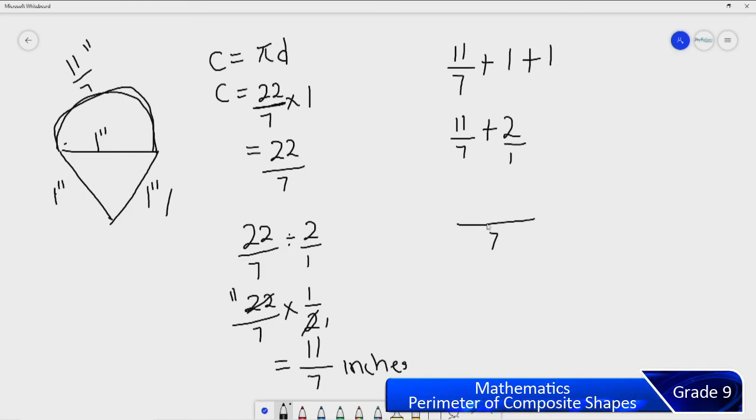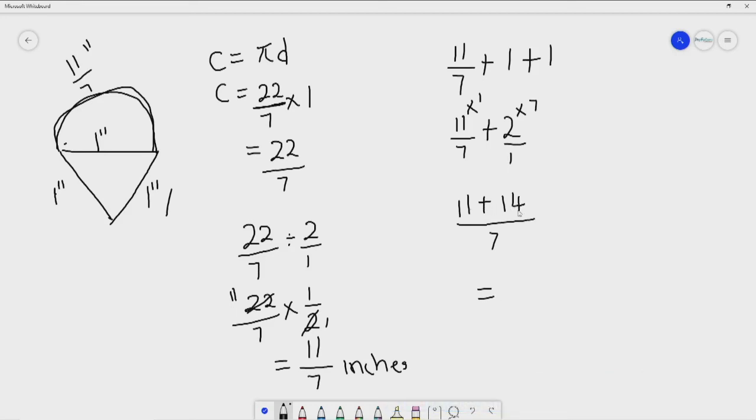So 7 into 7, 1, we multiply this by 1. And 1 into 7, 7, so we multiply this by 7. So 11 times 1, 11, plus 2 times 7 is 14. When we add them, 11 plus 14 gives us 25 over 7.